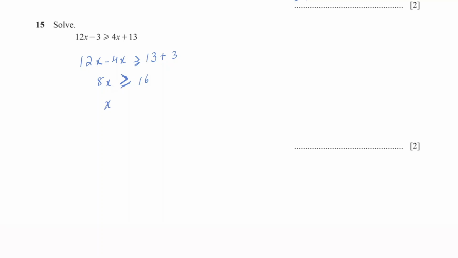The value of x will be equal to what? X is greater than 16 by 8. There is no negative number divided. If this were a negative number, let's say negative 8, then the sign would change. But it's not a scenario like that. So x is greater than equals to 2. That's the final answer.